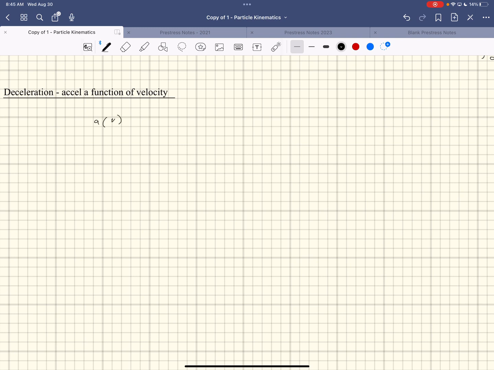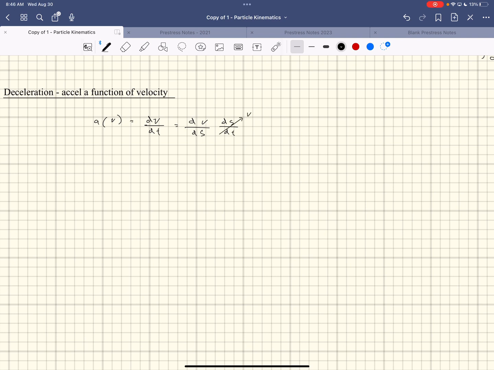Acceleration, a function of velocity, is equal to dv dt. Again, got too many things floating around, so you do the chain rule: dv ds times ds dt. This is just velocity.